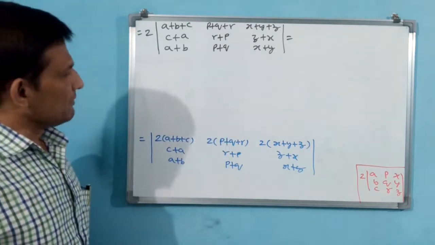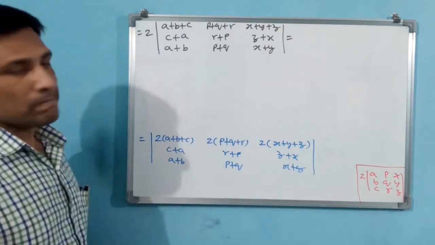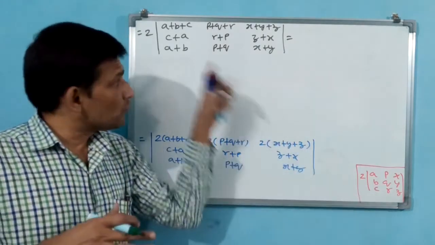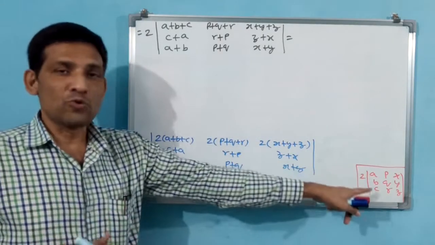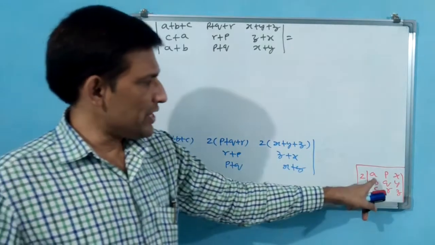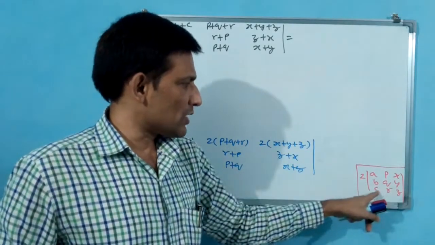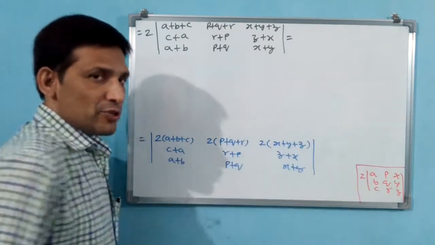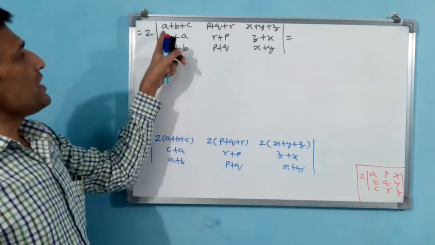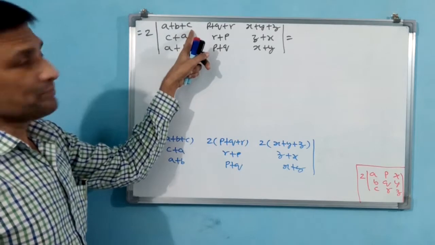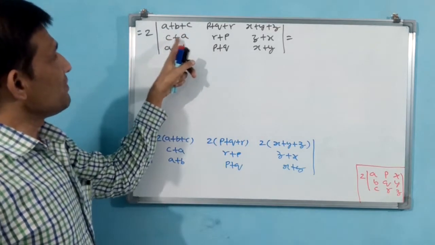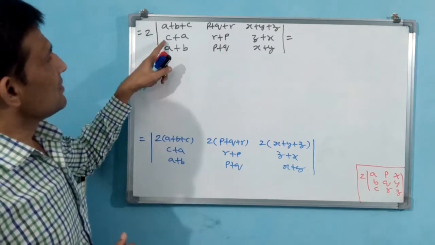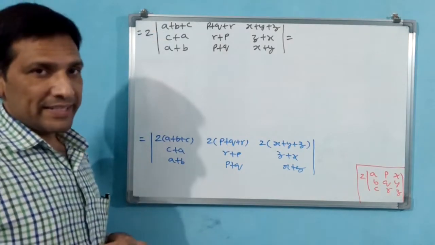Now you see what I am doing. Now onwards, further towards the answer, you do the solution. You want APX, BQY, CRZ, or else ABC, PQR, XYZ. See here, A plus B plus C, 3 are there. C plus A, A plus B. From R1, R2 I will deduct.